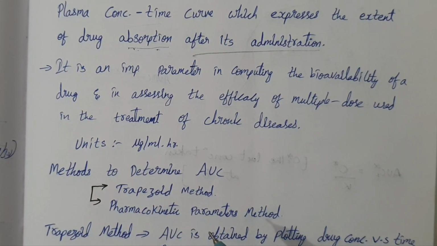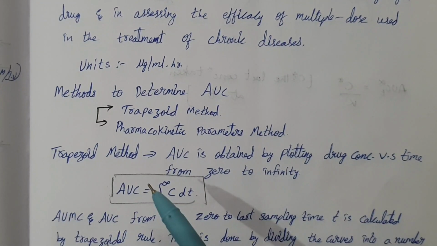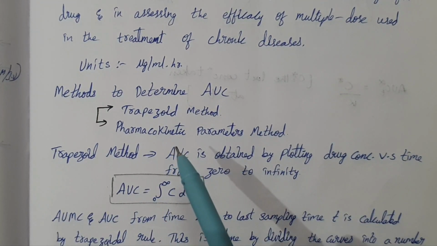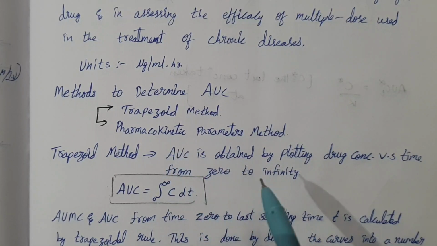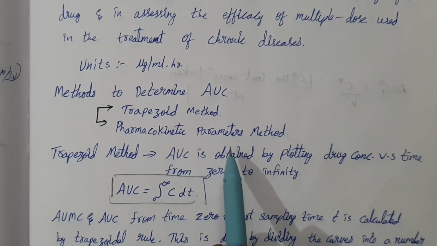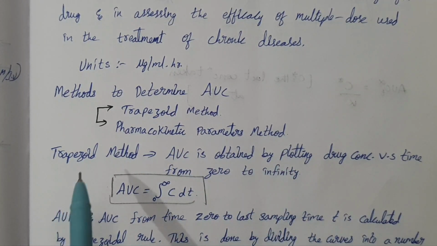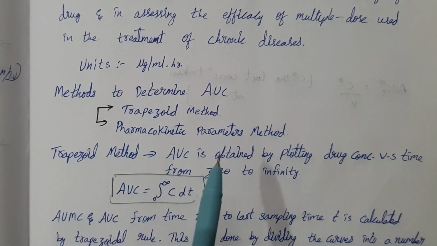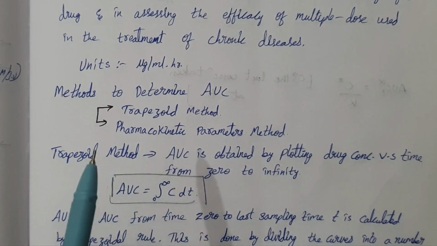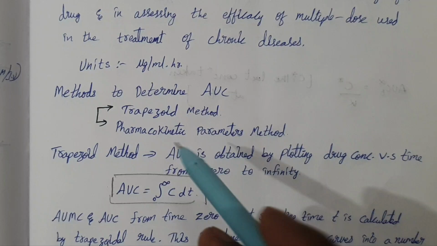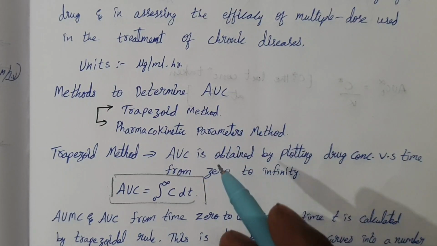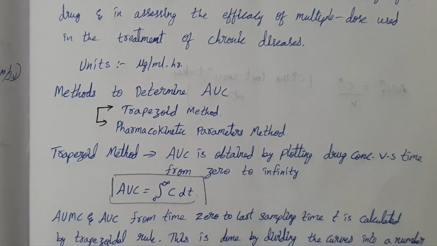And how do we calculate it? There are two methods. First one is trapezoidal method, then second one is pharmacokinetic parameters method. In the trapezoidal method, we divide the curve into small trapezoids and we calculate the total area.